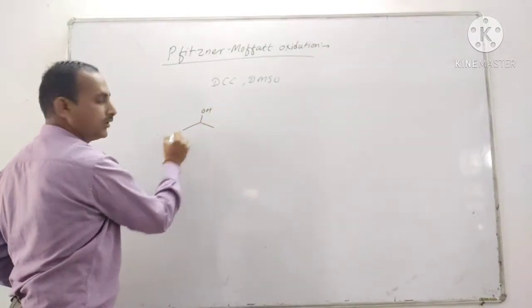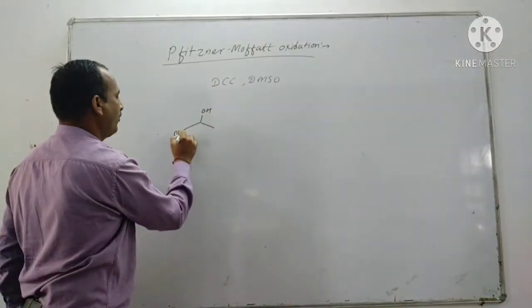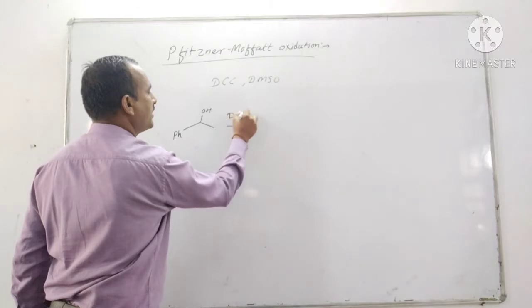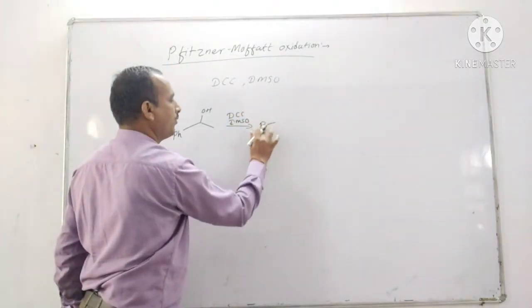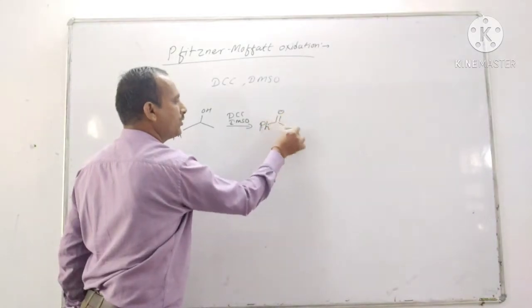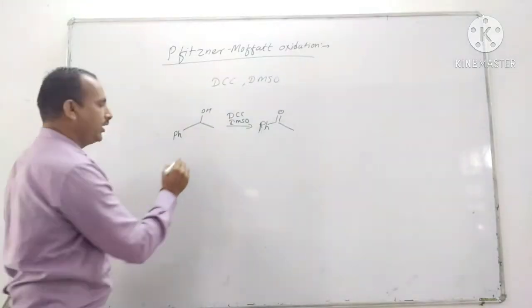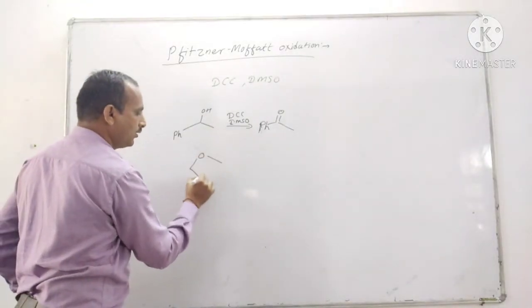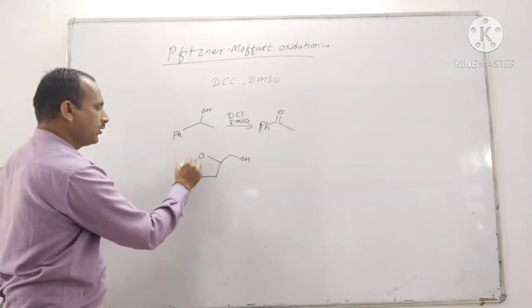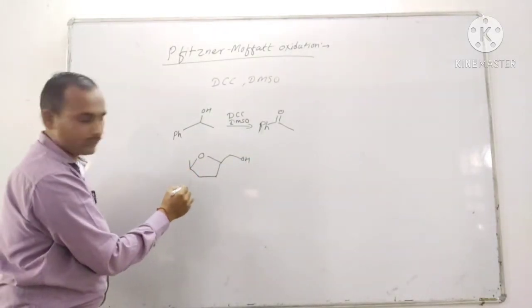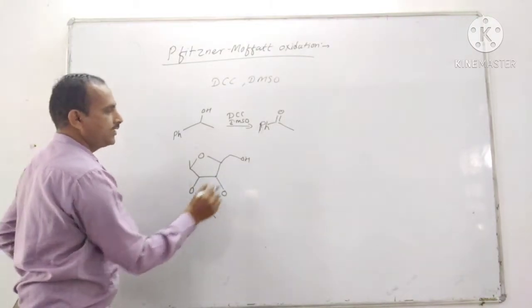OH, Ph, DCC DMSO, it forms Ph C double bond O CH3, acetophenone. Then another example, OH, O, CH3 CH3.